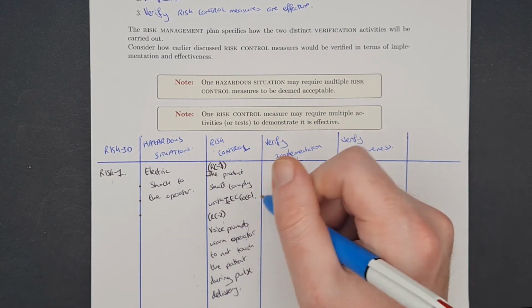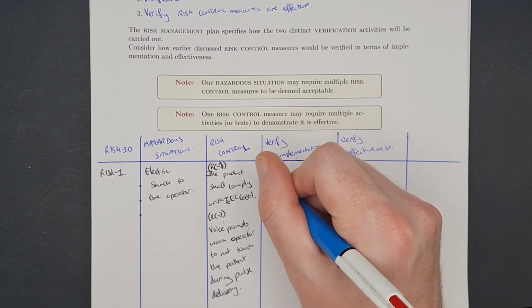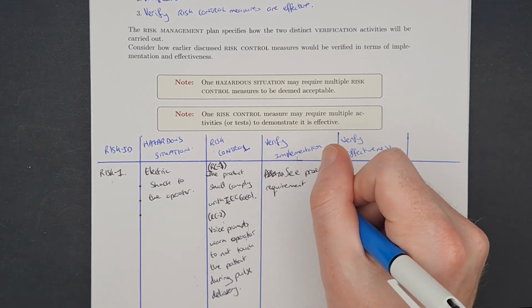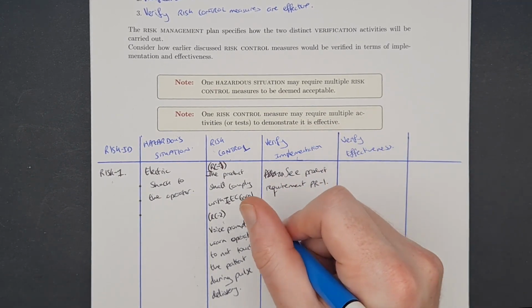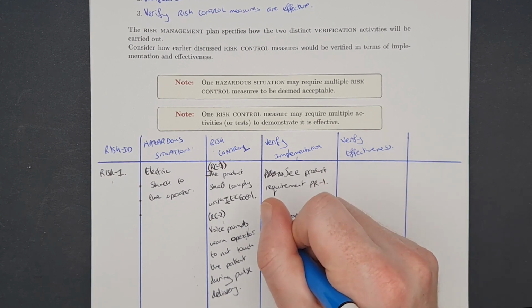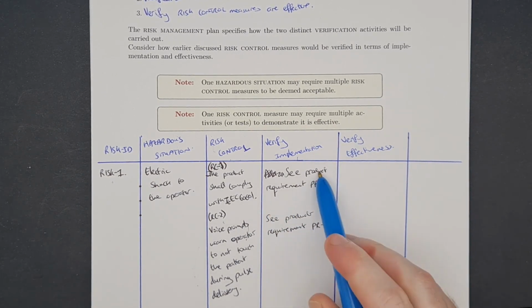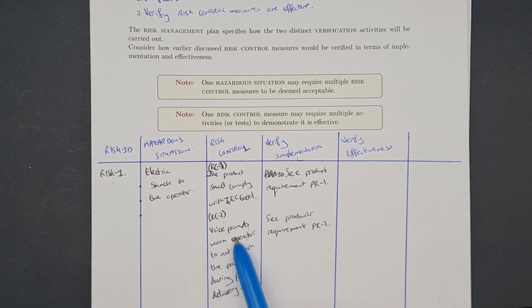So for this one, I'll just say add a product requirement, and then link where it is in the requirements. So you'd say see product requirement PR-1, and for this one, same thing, see product requirement PR-2. So you just add some requirements there that aim to implement that risk control.